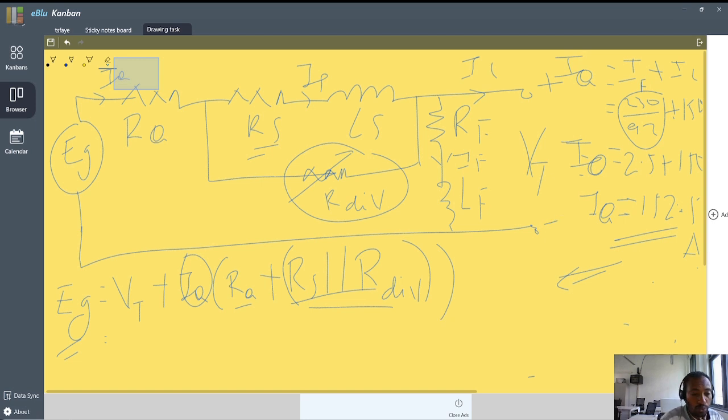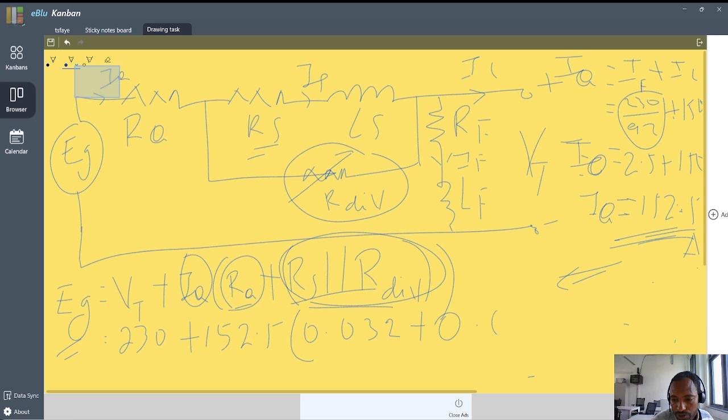Okay, so now I know my VT. My VT is 230, as given, and my IA is already known, 152.5, times RA. How much is my RA? RA is going to be 0.32 plus, and this is the whole we calculated, how much is it? 0.01.